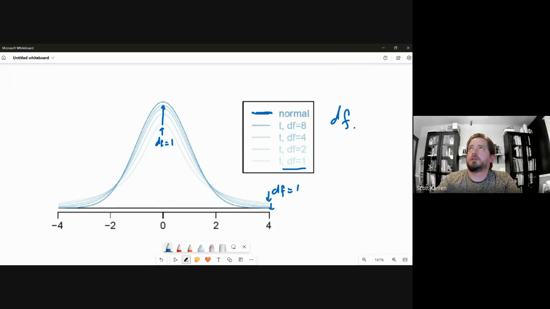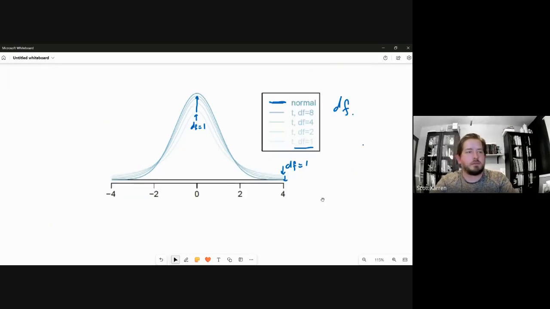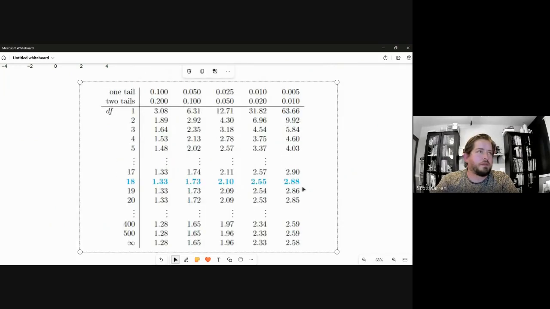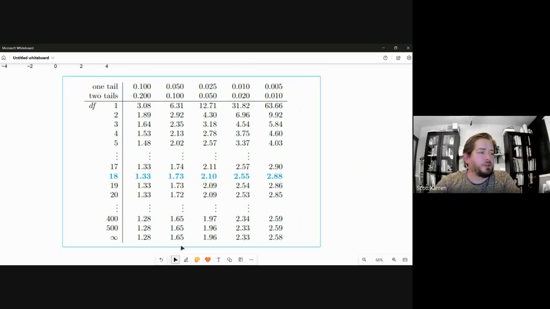So we have a chart here. So this is analogous to the Z chart, right? Where if you want to know the area in a tail, it'll tell you your t value based on your degrees of freedom.